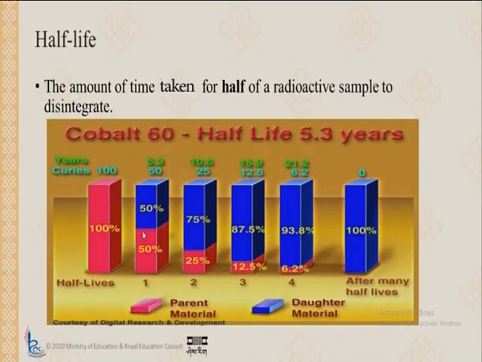In that similar manner they will follow that. Since the half-life is 5.3 years, the other substance will take that same number of years to reduce to half of its concentration. So this is the concept of half-life.